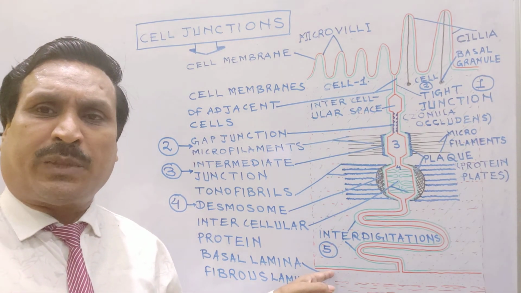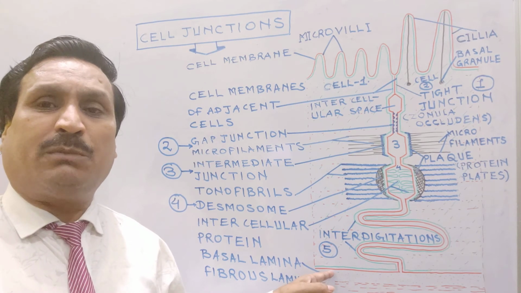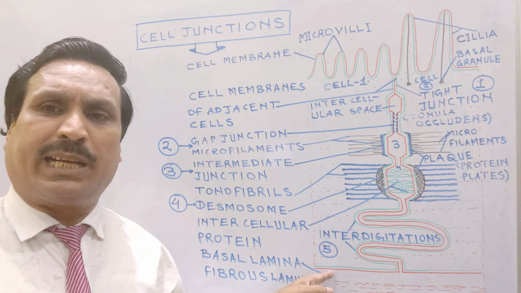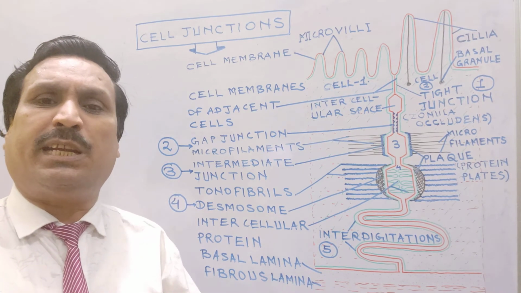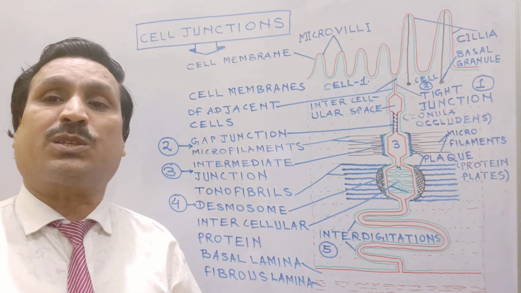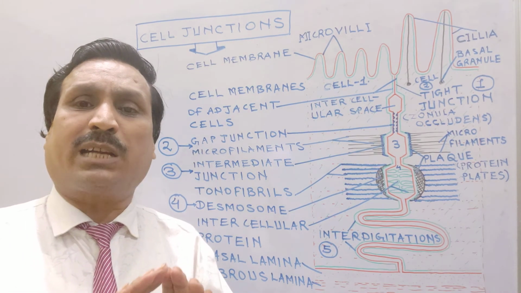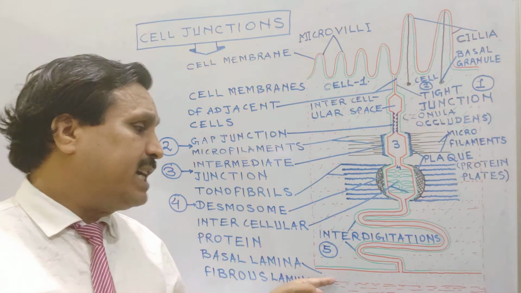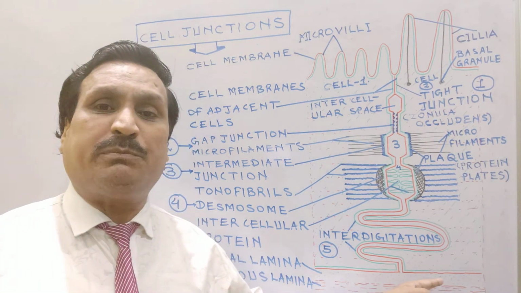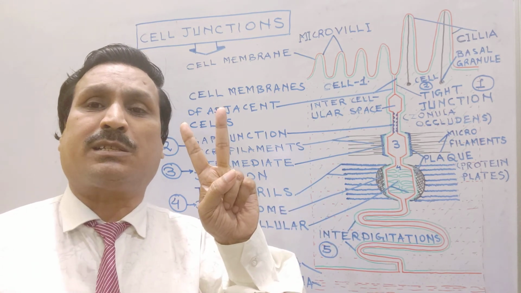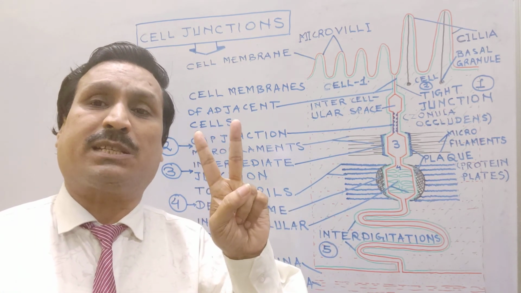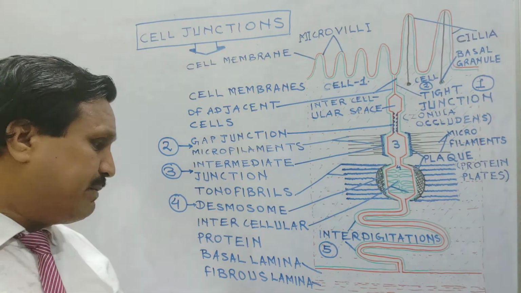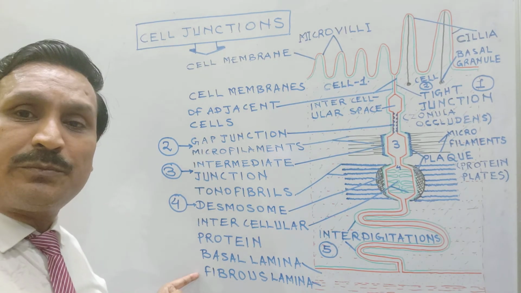Basal lamina is the uppermost layer of basement membrane, and basement membrane is the characteristic feature of epithelial tissue, because cells of epithelial tissue are arranged over a membrane known as basement membrane, and basement membrane is formed of two layers as described previously. First one is basal lamina and the second one is fibrous lamina.